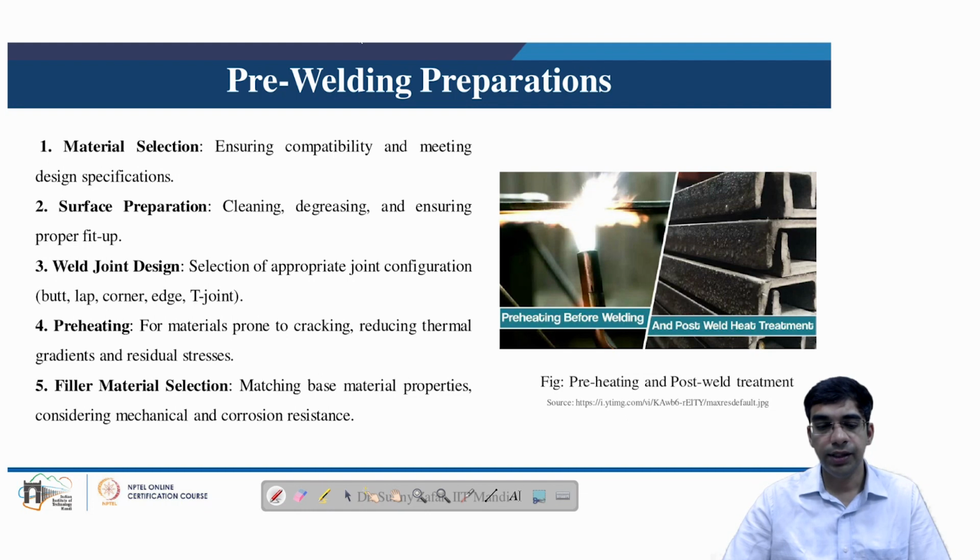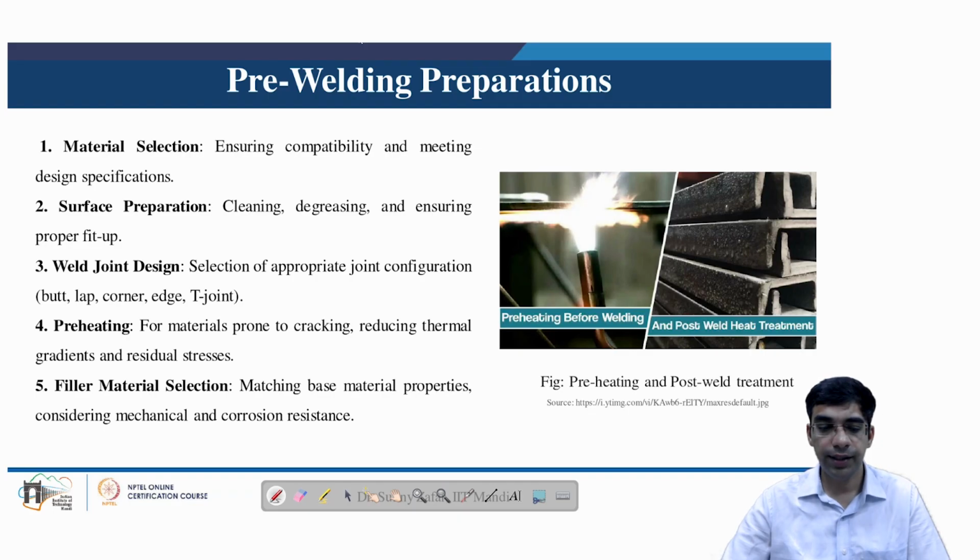Sometimes, to achieve good quality welds, some pre-welding preparations also need to be conducted. This involves the proper selection of material, not only the base metal but also the filler material, to ensure compatibility and meet the design specifications. Surface preparation involves cleaning, degreasing, and ensuring a proper fit-up.